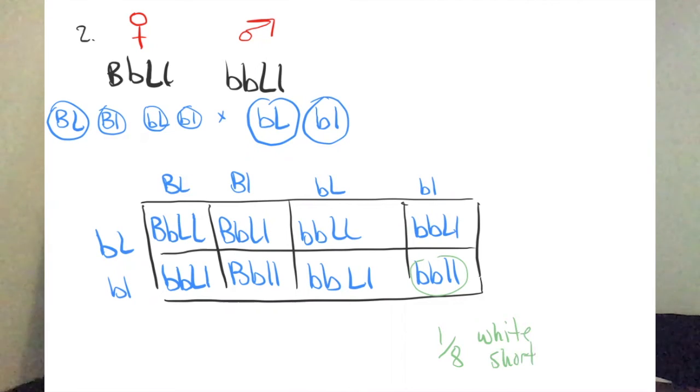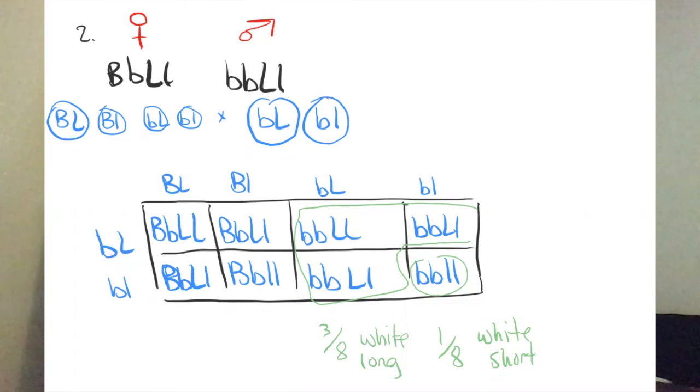Let's look at how many other individuals are showing white traits. It's going to be these 3, 3 out of 8 that are white but long.